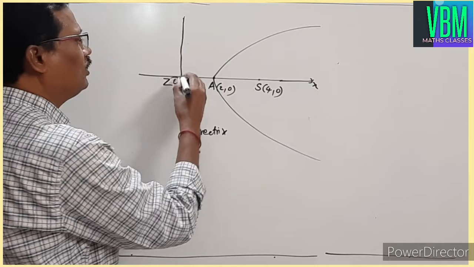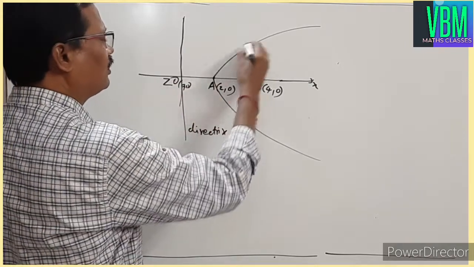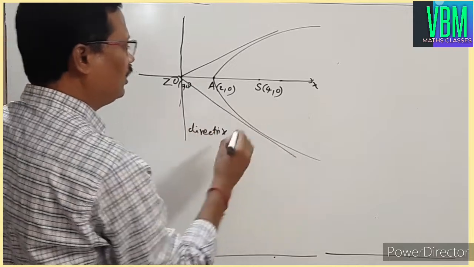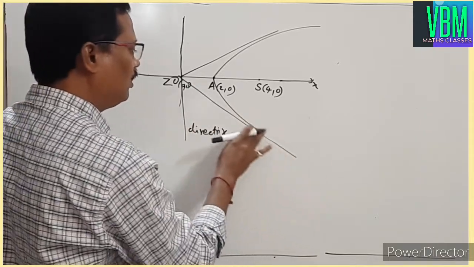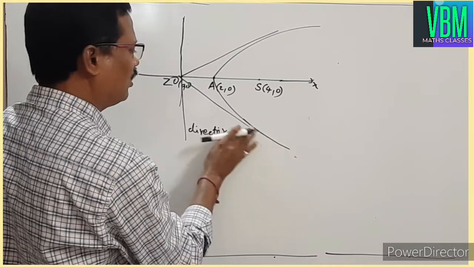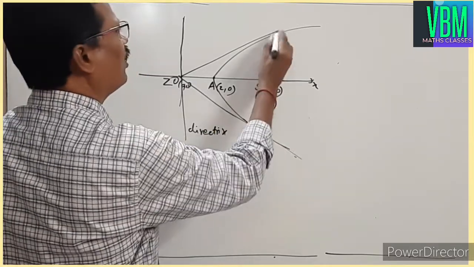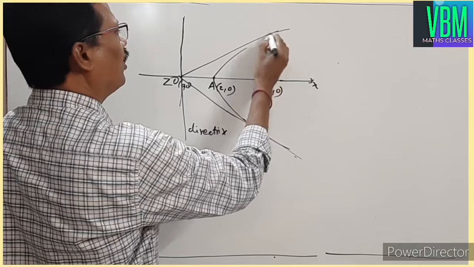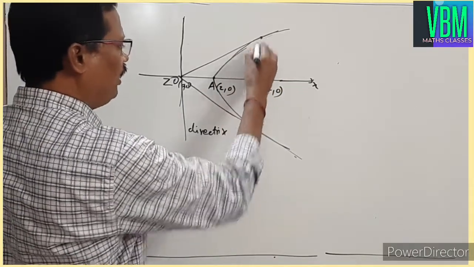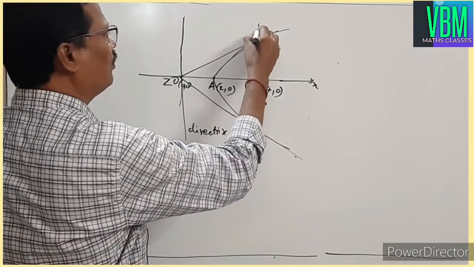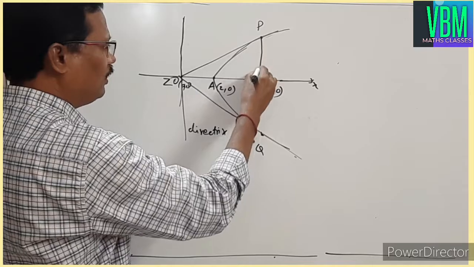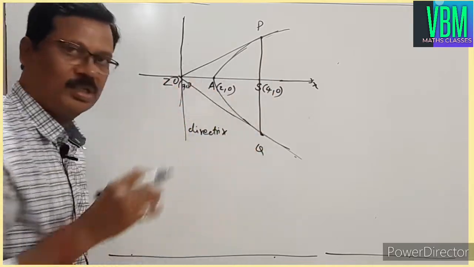Now from the origin, we draw the tangents to the parabola, touching it at points P and Q. If we join P and Q, it definitely passes through the focus.